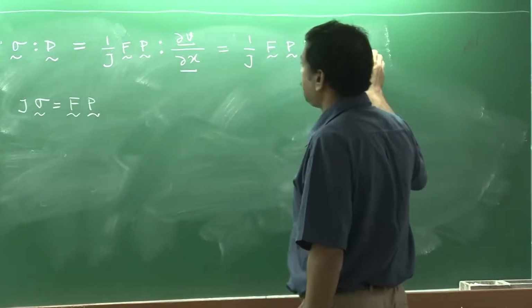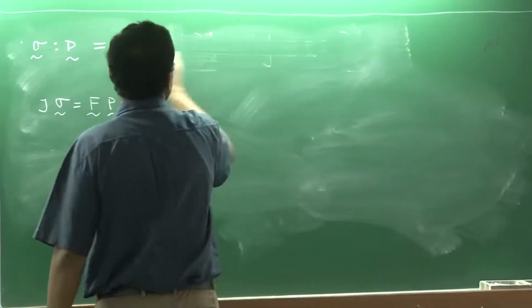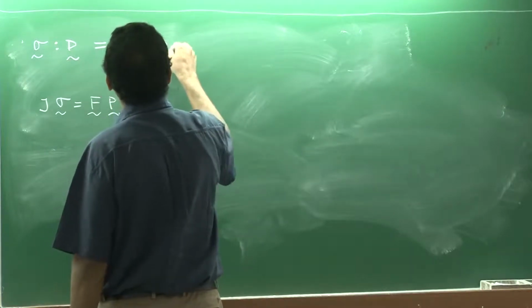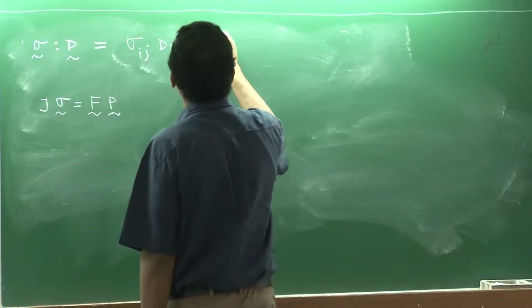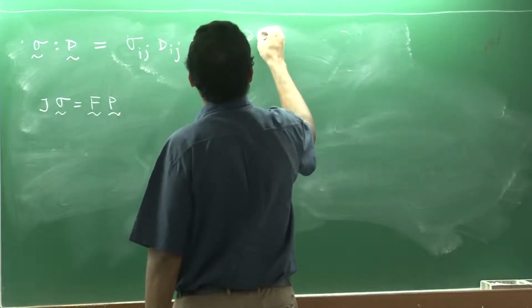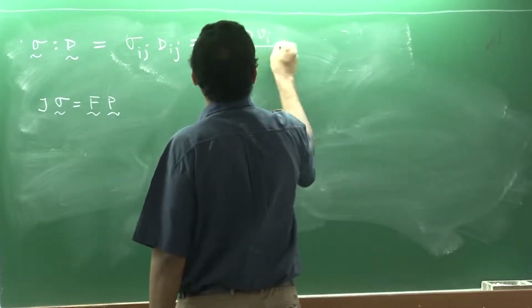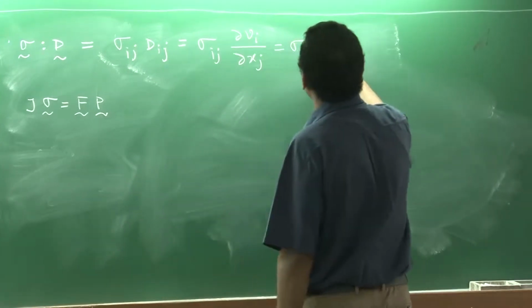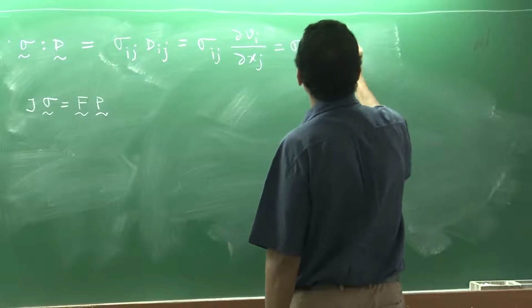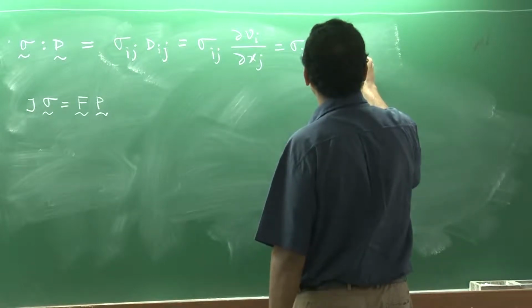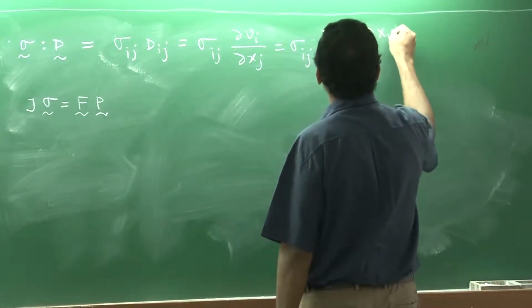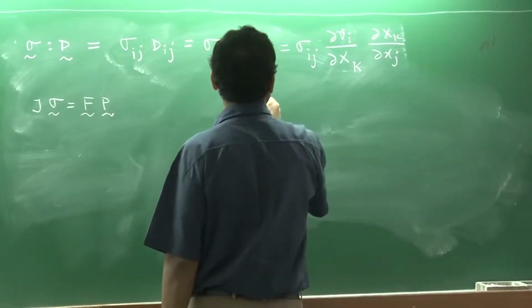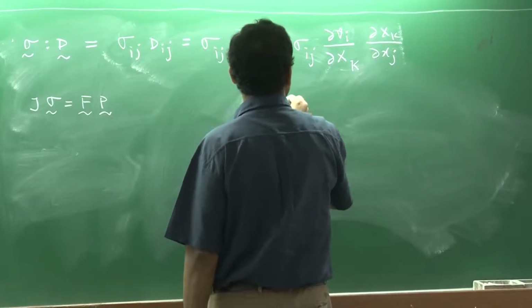Maybe it will be a little simpler if we write in indicial notation, okay? Just sigma ij dij. And then sigma ij dij is nothing but del vi del small xj sigma ij, and this I am going to write as del vi del capital X k, times del capital X k del small xj, sigma ij.